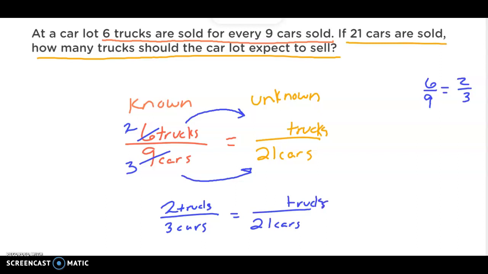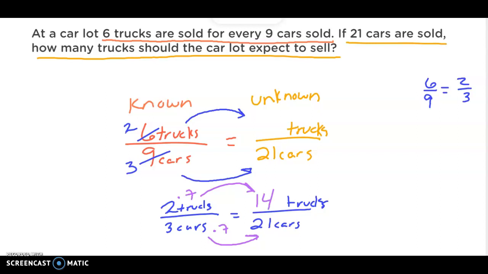Now, at this point of time, I can do my arrows, and now look. 3 goes into 21 how many times? 3 times 7. So 2 times 7 is 14.